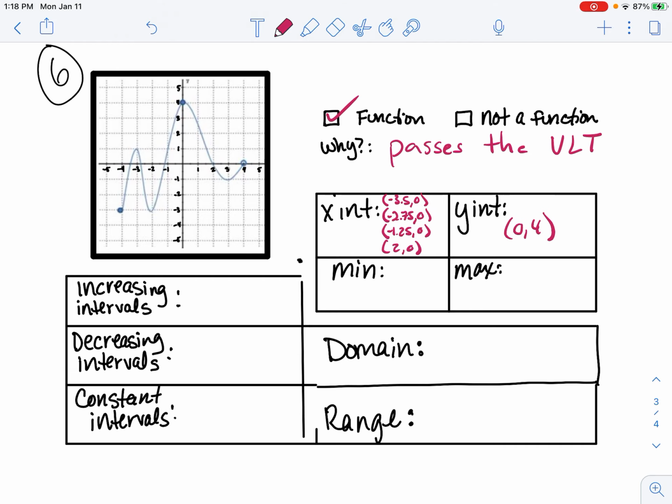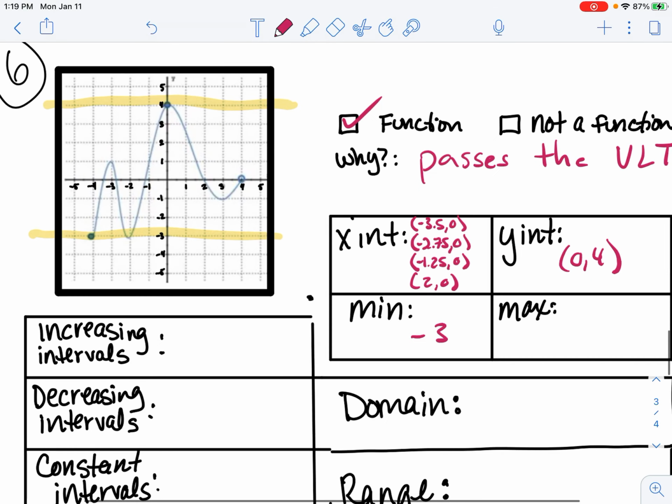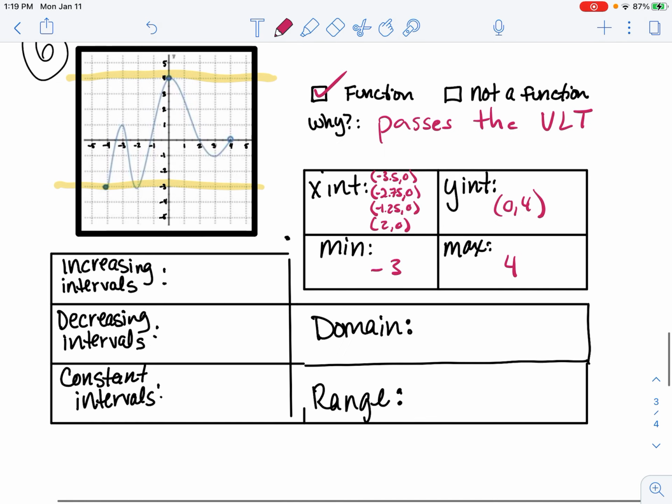The minimum and the maximum. The minimum is -3. The maximum looks like a solid dot. Looks like 4. Which means the range goes from -3 until 4.